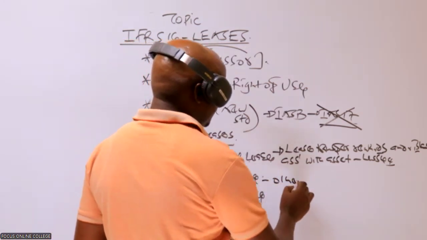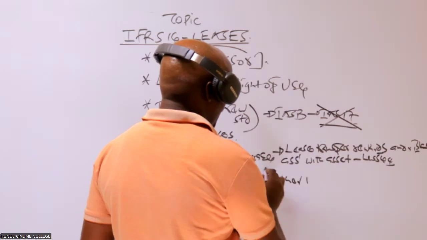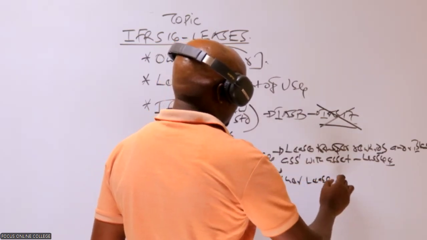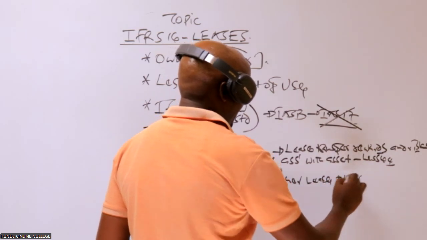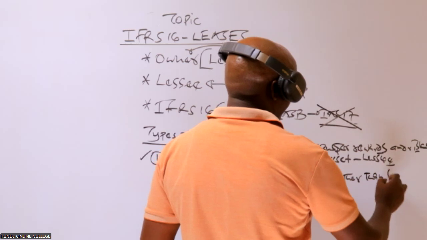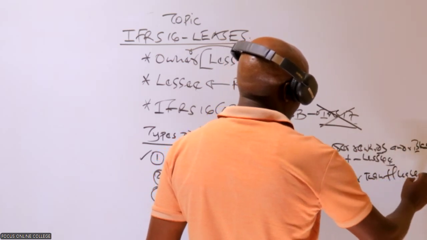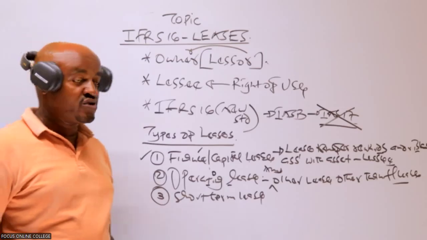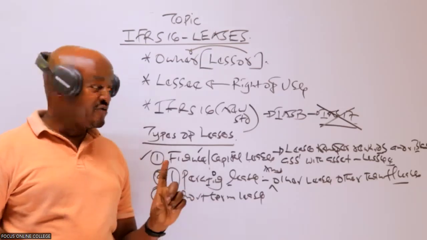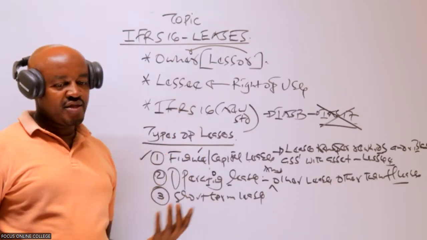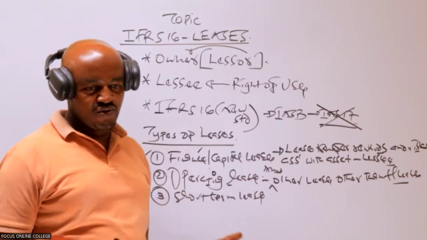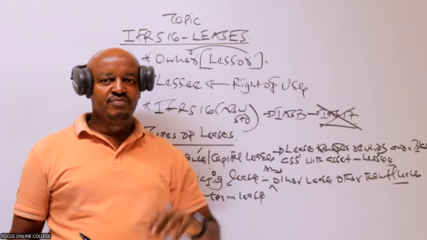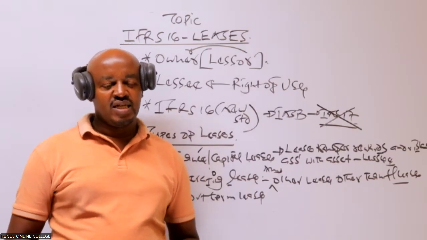Now, on the other hand, when we talk about an operating lease, we say that this is any other lease, other than a finance lease. In other terms, this is the lease which does not transfer the rewards and risks associated with the asset to the lessee. Usually these are leases whereby you may be owning an asset like a building, but you have leased that building to a number of tenants.